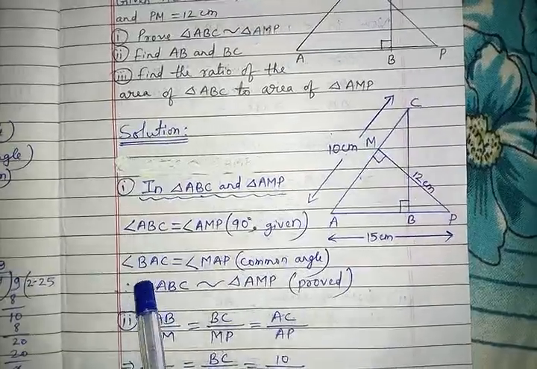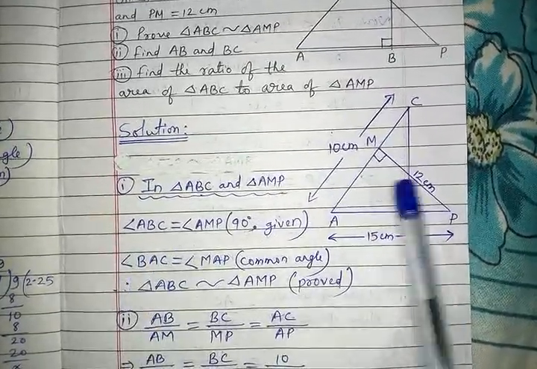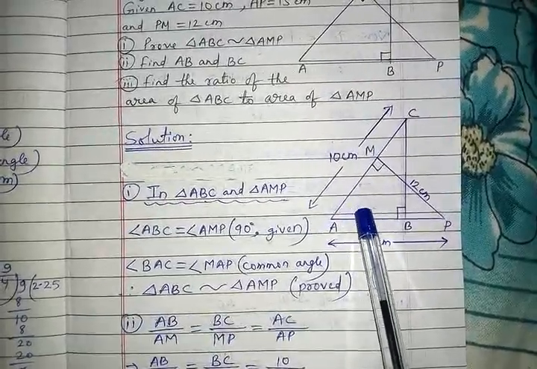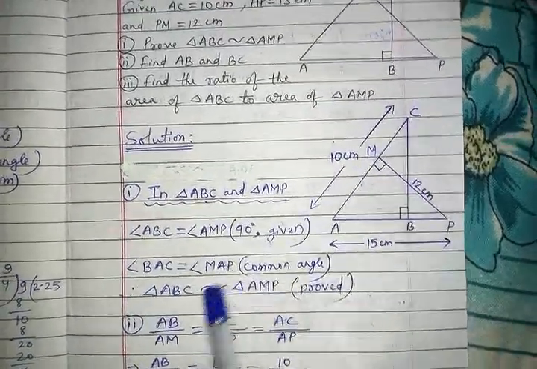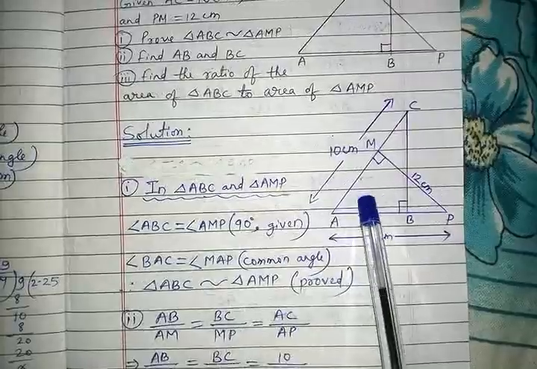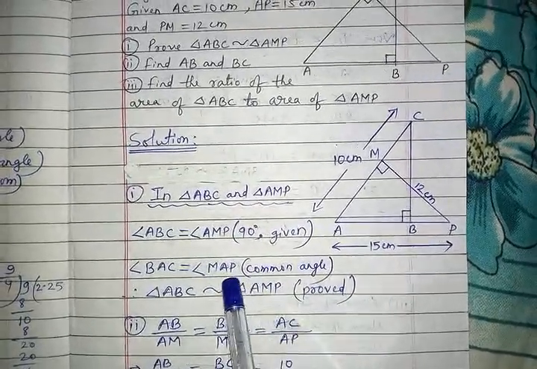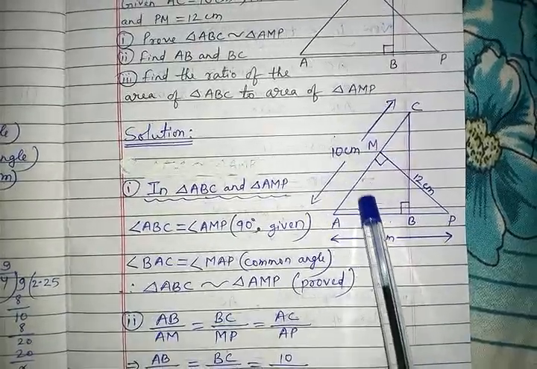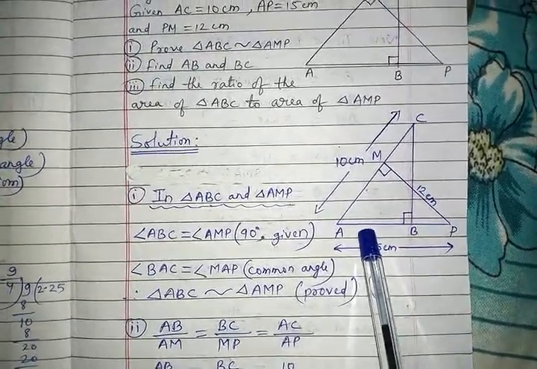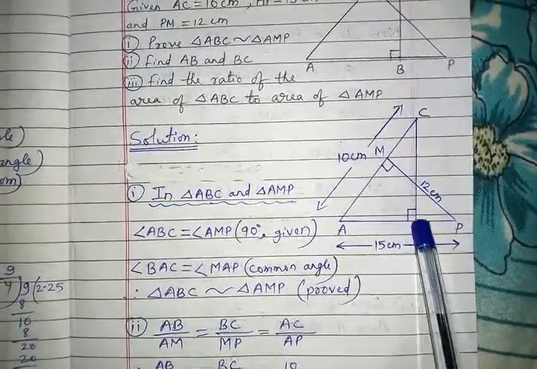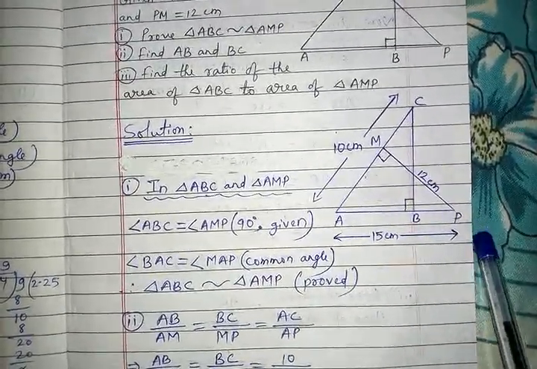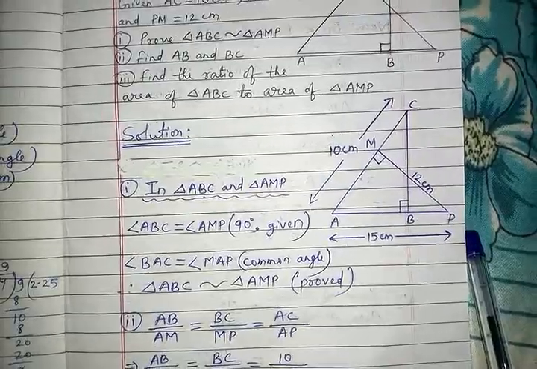So, given. And second one, angle BAC. BAC means I am speaking about angle A, because the middle one is A. And angle MAP. Again I am speaking about angle A, but this time the triangle is different. BAC was from triangle ABC and MAP is from triangle AMP.